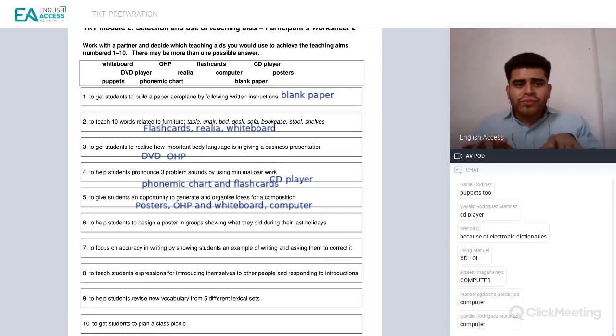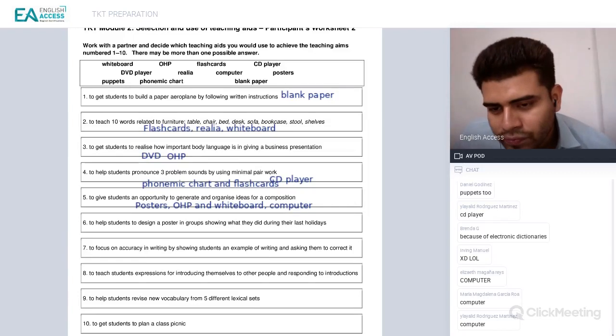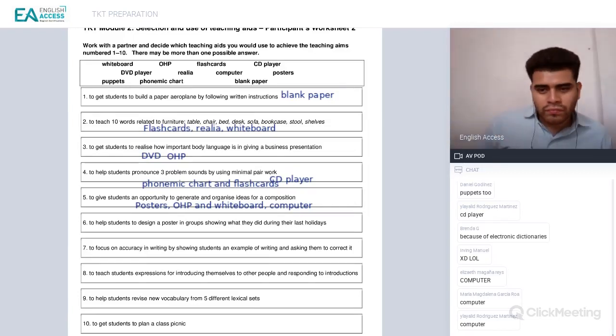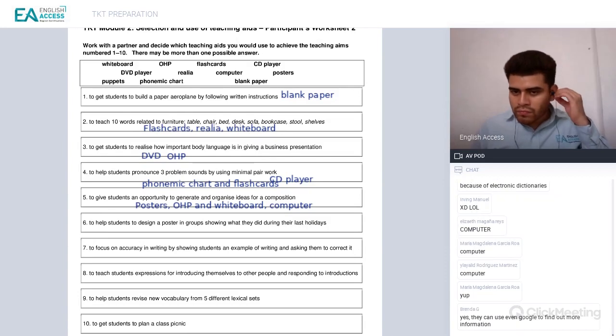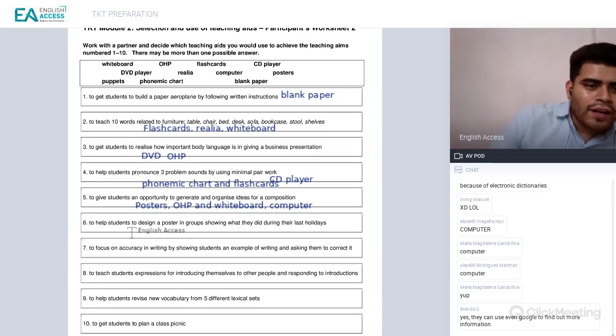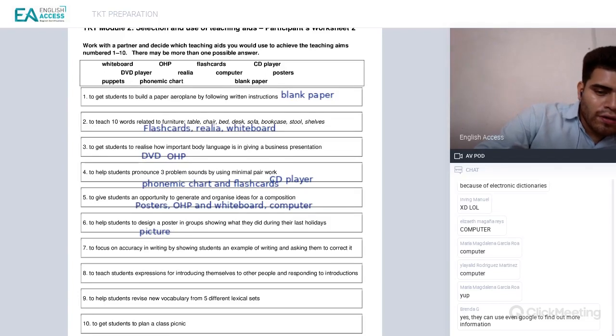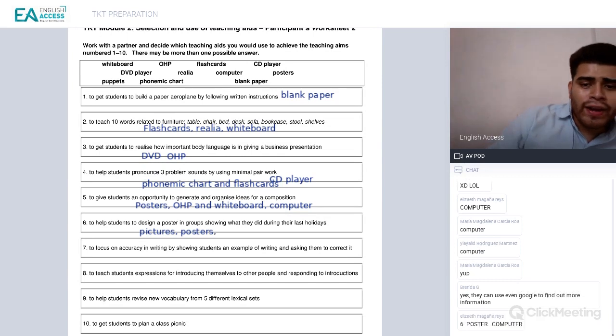So you guys like to have them organize their ideas on the computer. Cool, cool. Very good. All right. Now, number 6, I have pictures, posters. Do you have anything else for number 6?